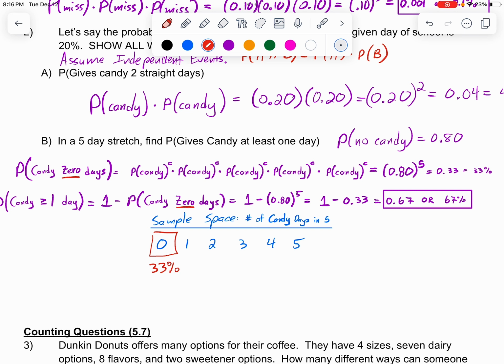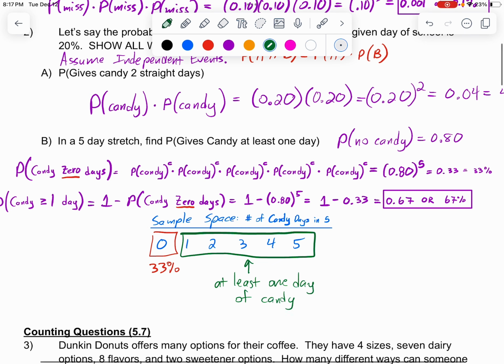Now, if I can just start to ask myself, what is the probability of all the other ones? Doesn't this represent at least 1 day of candy? It does. It's either 1, 2, 3, 4, or 5 days of candy. So that is what I was asking: give candy at least 1 day, candy greater than or equal to 1 day.